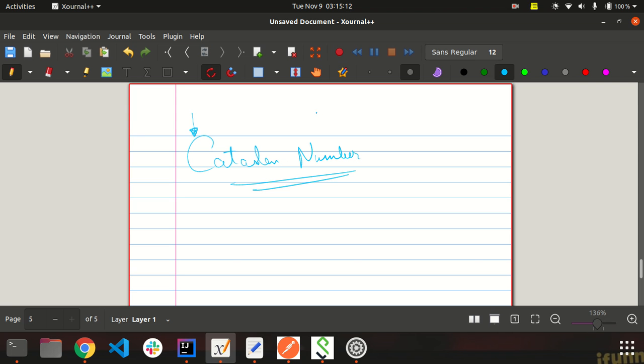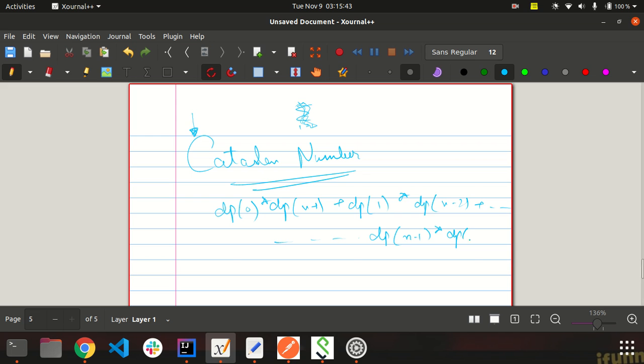The pattern we just saw was the sum for i equals 1 to n, and it can also be written as dp of 0 times dp of n minus 1, plus dp of 1 times dp of n minus 2, similarly dp of n minus 1 times dp of 0. We can break the recurrence relation like this.